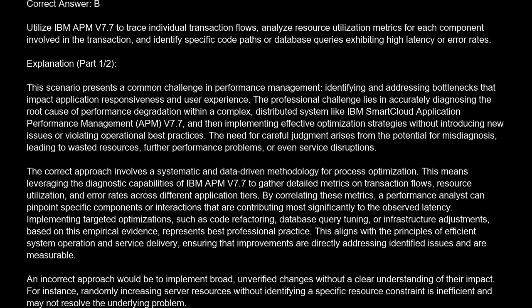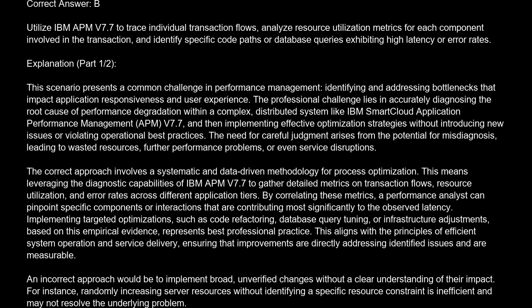The need for careful judgment arises from the potential for misdiagnosis, leading to wasted resources, further performance problems, or even service disruptions. The correct approach involves a systematic and data-driven methodology for process optimization.